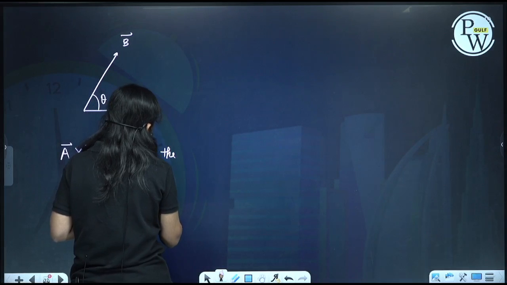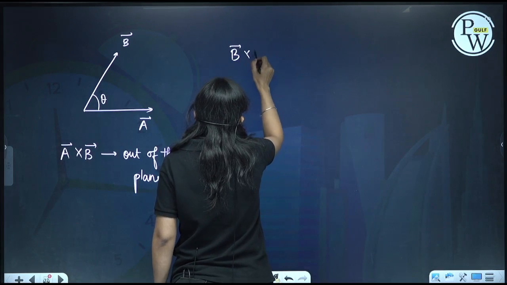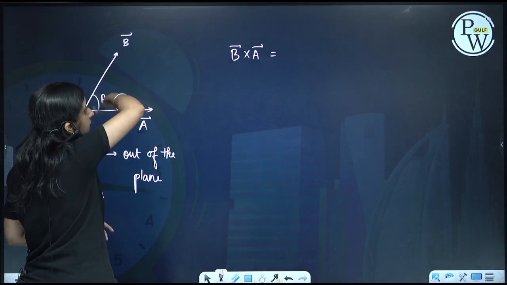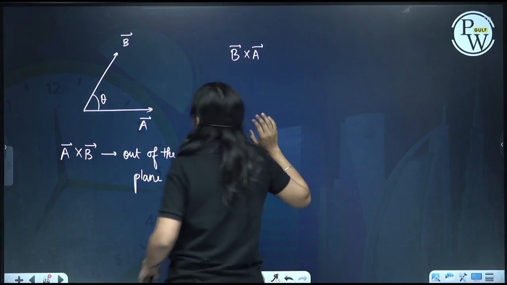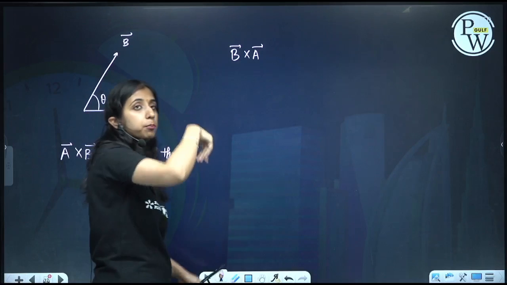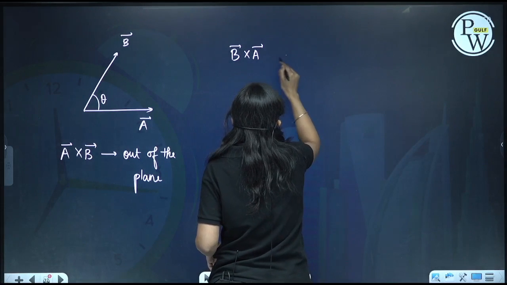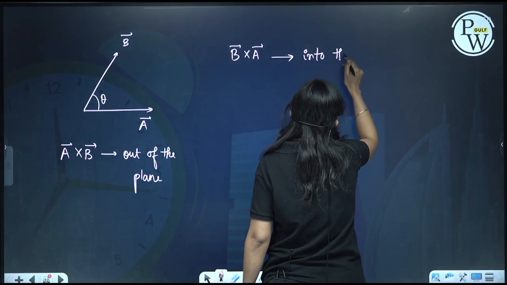Now same, find B cross A. B cross A will be into the plane. Curl the fingers of the right hand from B to A, the thumb is pointing inward. So this will point in the direction into the plane.